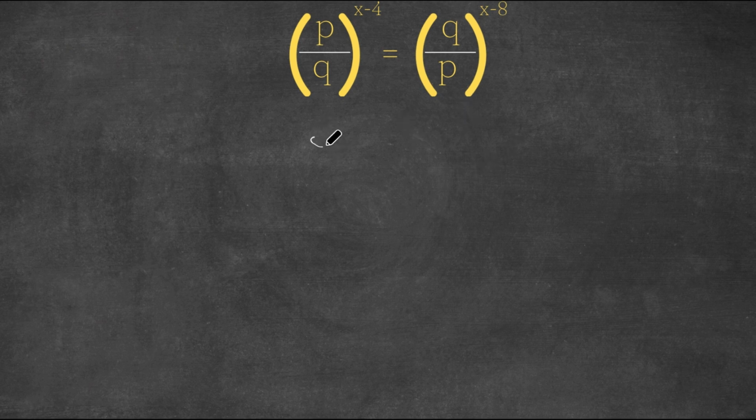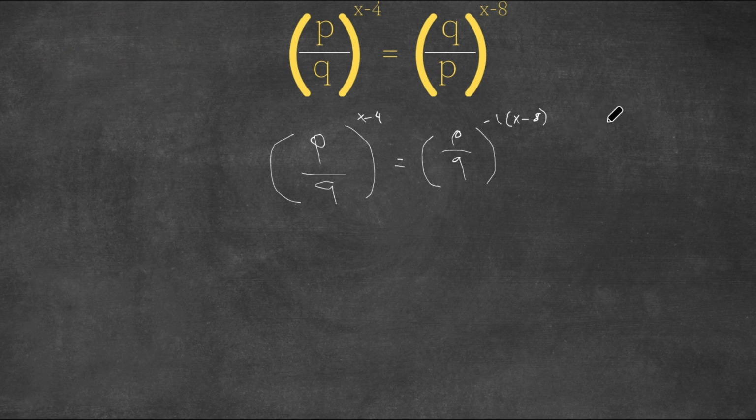well, let's first write this down. (p/q) to the power of x minus 4 equals, well, remember, we're finding a reciprocal of this, so (p/q) to the power of, now we multiply our exponent here by negative 1. So it's going to be negative 1 times x minus 8.